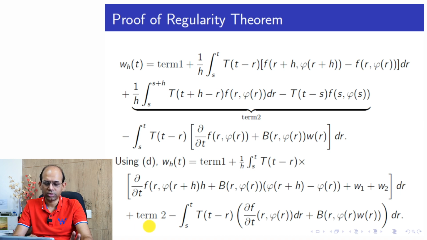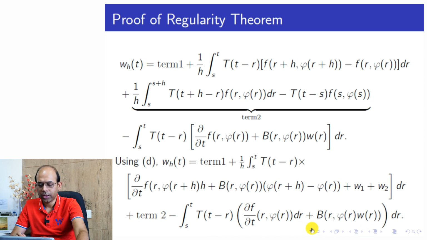And then we have this whole thing as term 2. I have written simply term 2, and then minus this integration s to t capital T of t minus r. Exactly what is written here, I am writing exactly the same thing here, with no change. Notice that here I already have a partial derivative with f and then b.